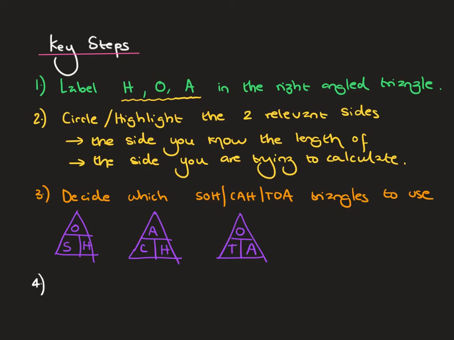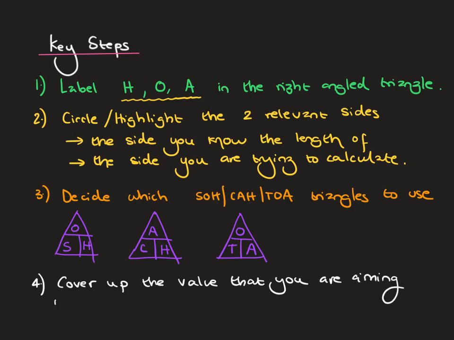So when you're using the correct formula triangle, cover up the value that you are aiming to calculate, and then use your calculator to work out the missing value. You must make sure you've written down the notes on this slide very carefully so you have the key 4 steps here when you are solving a trigonometric problem.